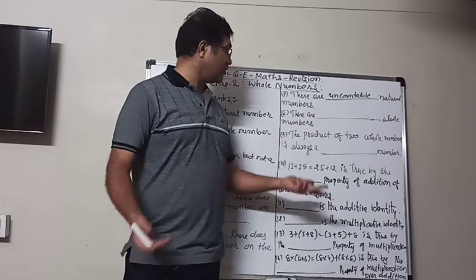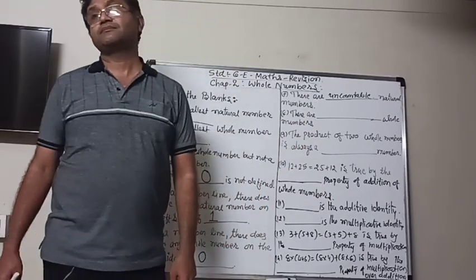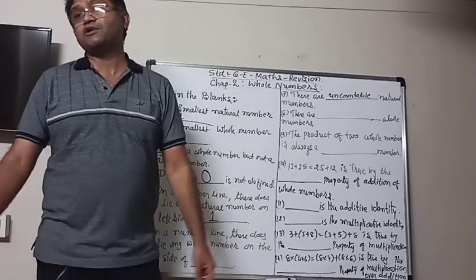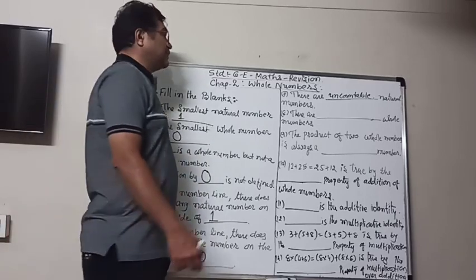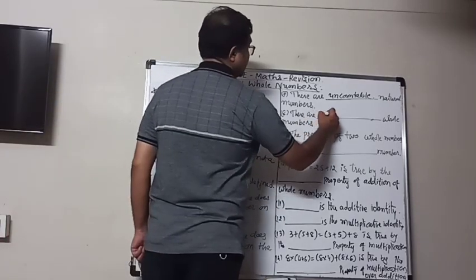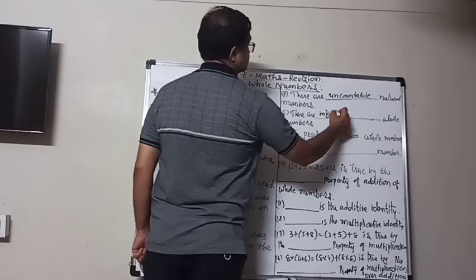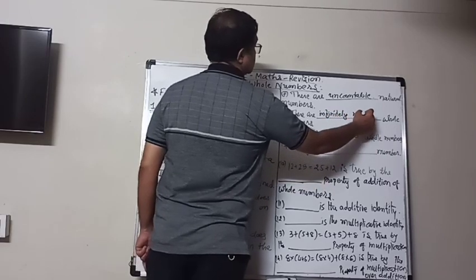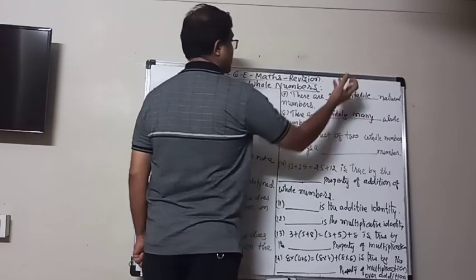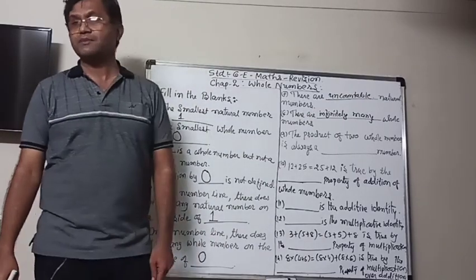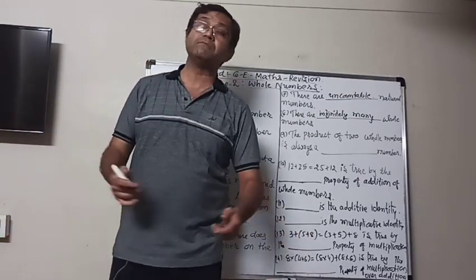There are blank whole numbers. Obviously, the answer is also the same: uncountable or infinitely many. You can write any answer, uncountable or infinitely many.